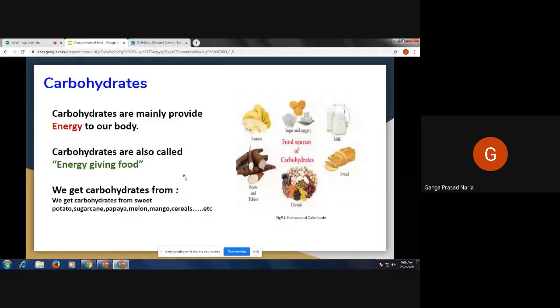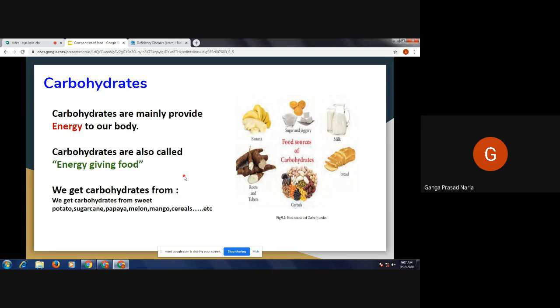Very good. I got only 10 responses. Remaining students, please respond in the chat box. Carbohydrates mainly provide dash to our body. Energy, right? Carbohydrates mainly provide us energy.